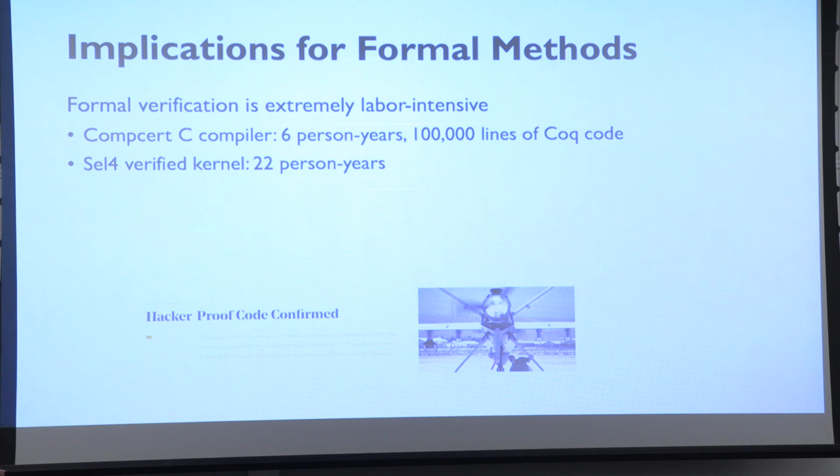So Coq is this proof environment where you can write formal proofs of theorems. And this seL4 verified kernel, it's a 10,000-line piece of code if you write it in C, but then its verification took 22 person-years.